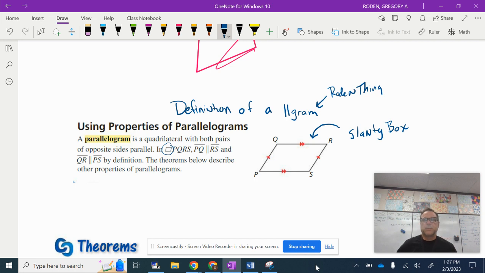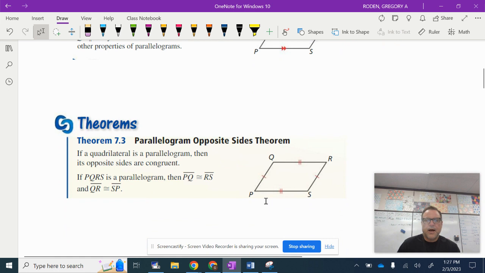Okay, so the next thing we want to talk about is that we can say some really good information about a parallelogram. If you have a parallelogram and you know that its opposite sides are parallel, you also know its opposite sides are congruent. It's a provable theorem.